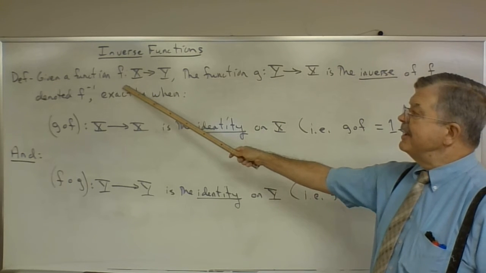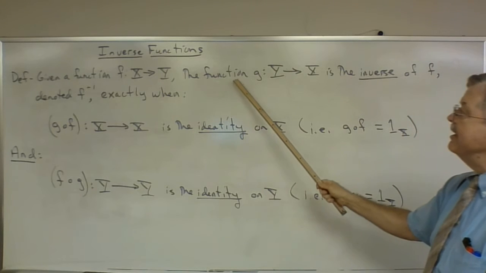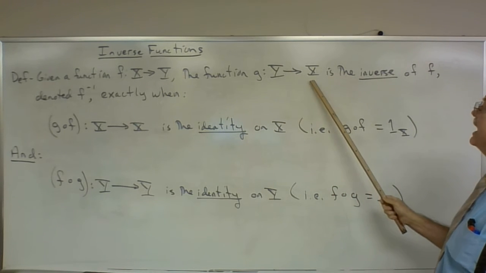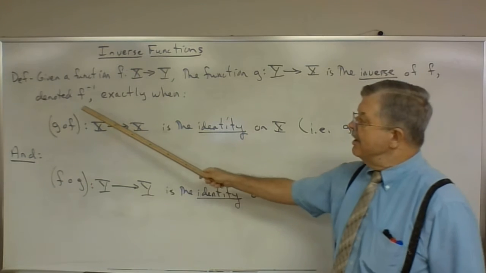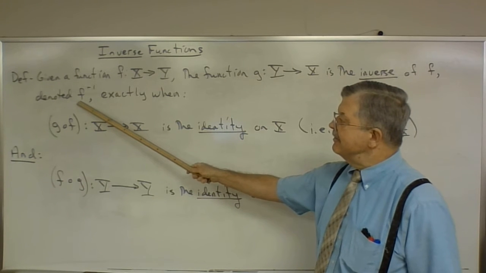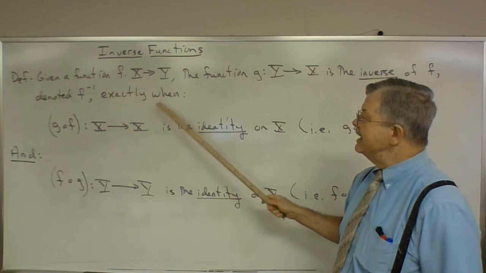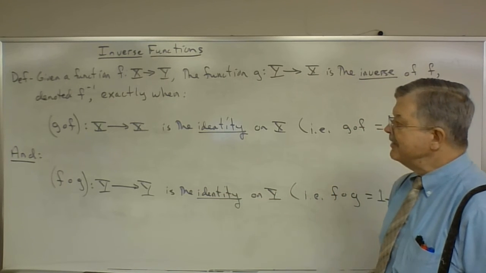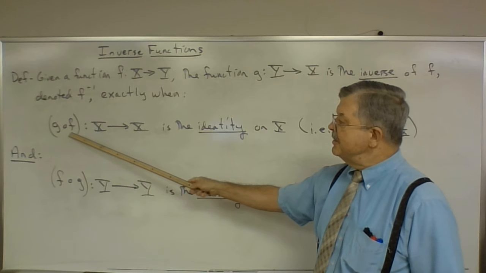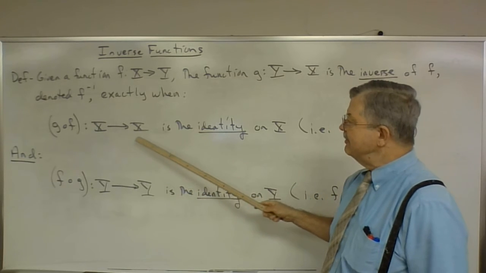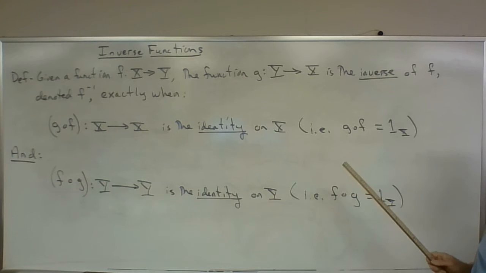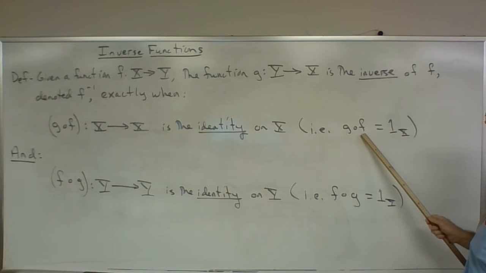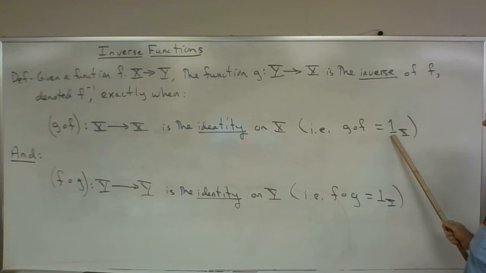So given a function f from x to y, the function g from y to x is the inverse of f, denoted f inverse, exactly when this happens. The composition of g with f from set x to set x is the identity on set x. So g composed with f is the identity on set x.